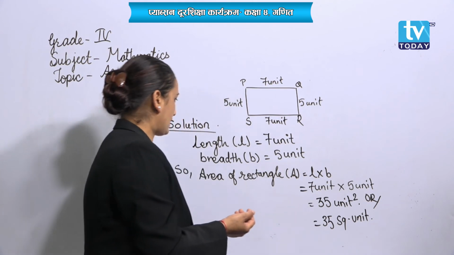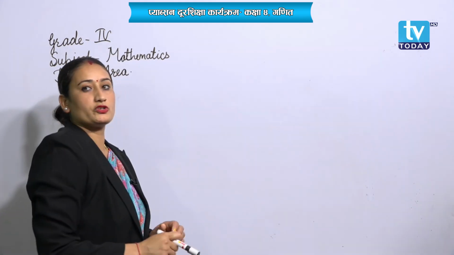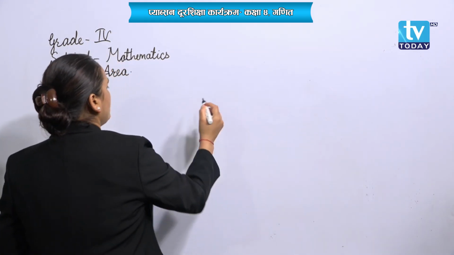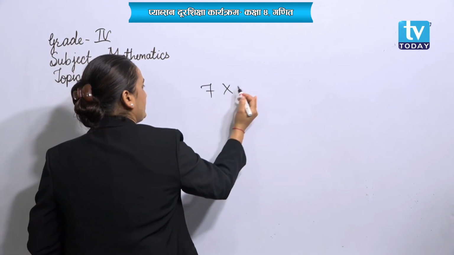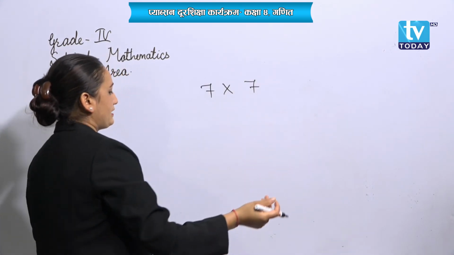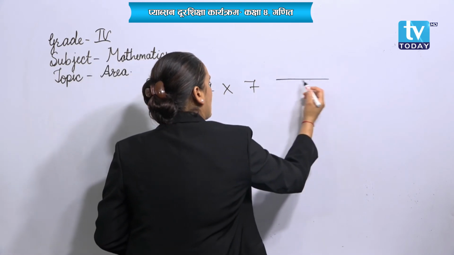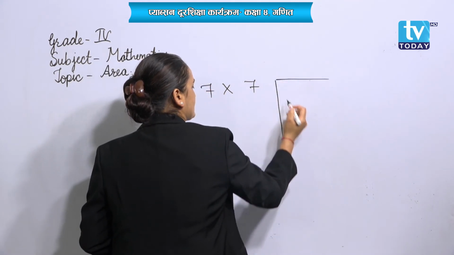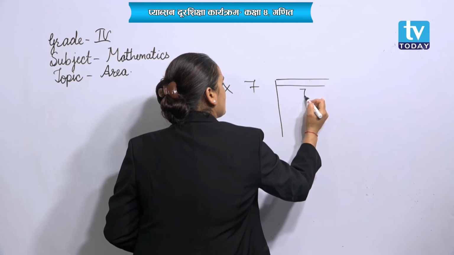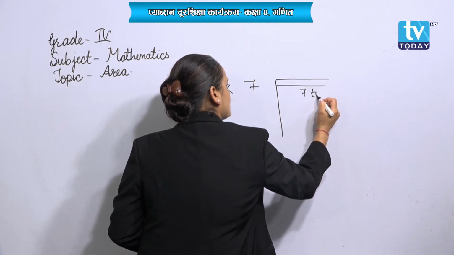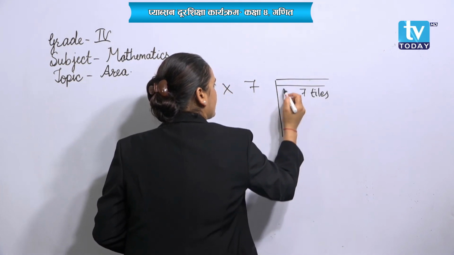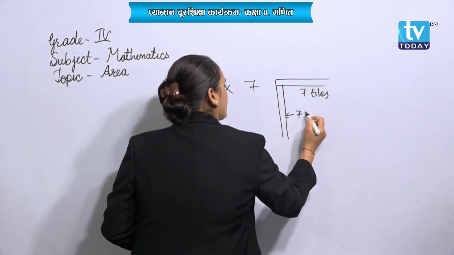You can see over here also, student. The solution is 7 into 7. That means 7 is going on this side and 7 is coming on this side. Here are 7 tiles, and on this side also 7 tiles.